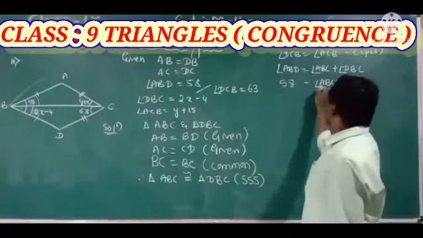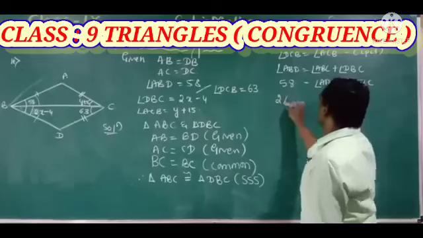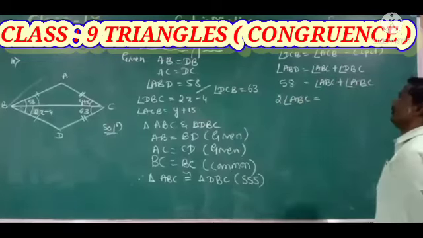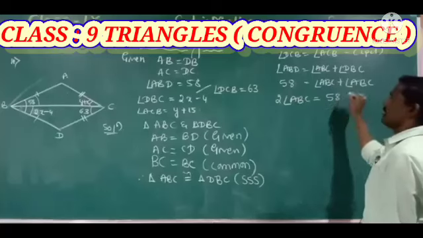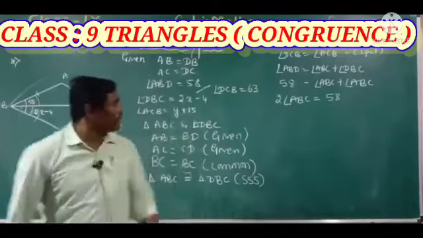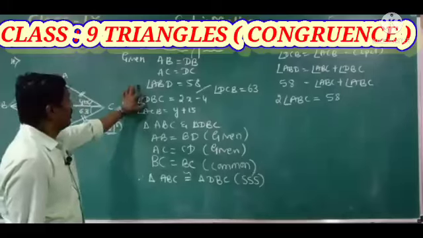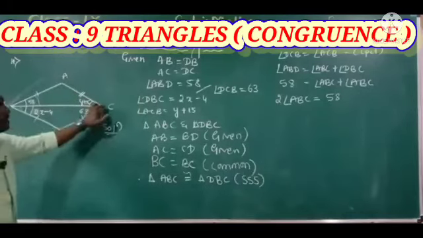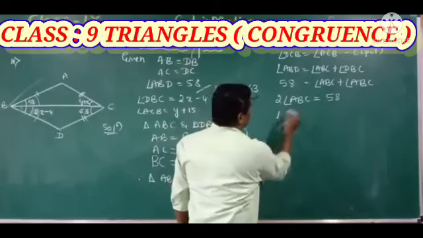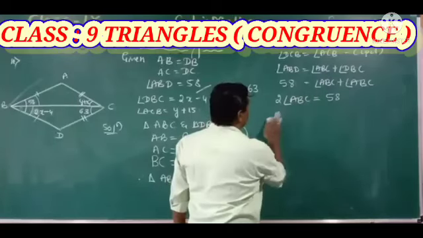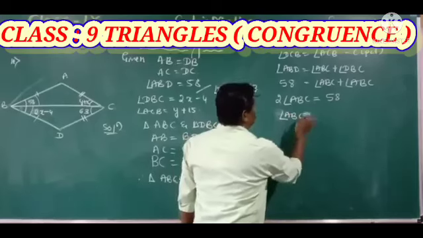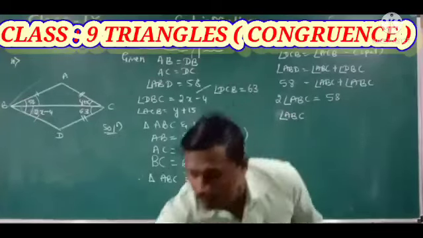Now 2 times angle ABC is equal to 58 degrees. So DBC is given here. What is the DBC value? Angle DBC is nothing but ABC, no? So angle ABC, or you can take directly DBC.